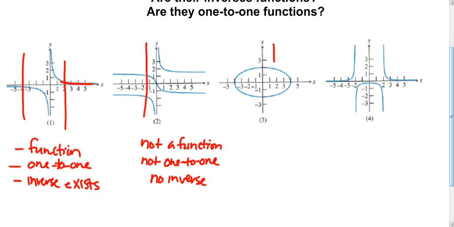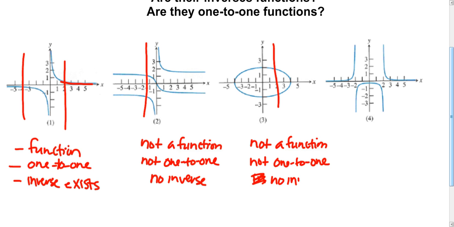Okay, same thing here. This one fails the vertical line test, so it's not a function. And if it's not a function, it can't be one-to-one, and therefore the inverse does not exist. All right, no inverse.